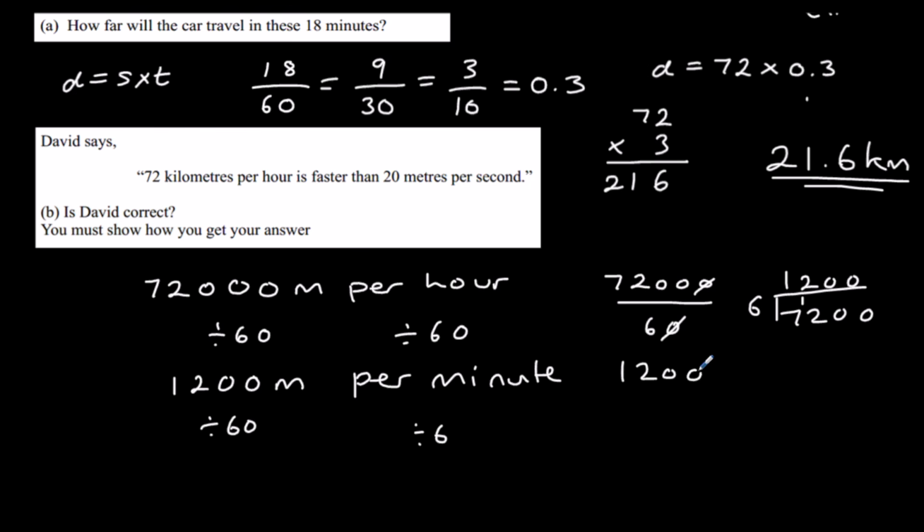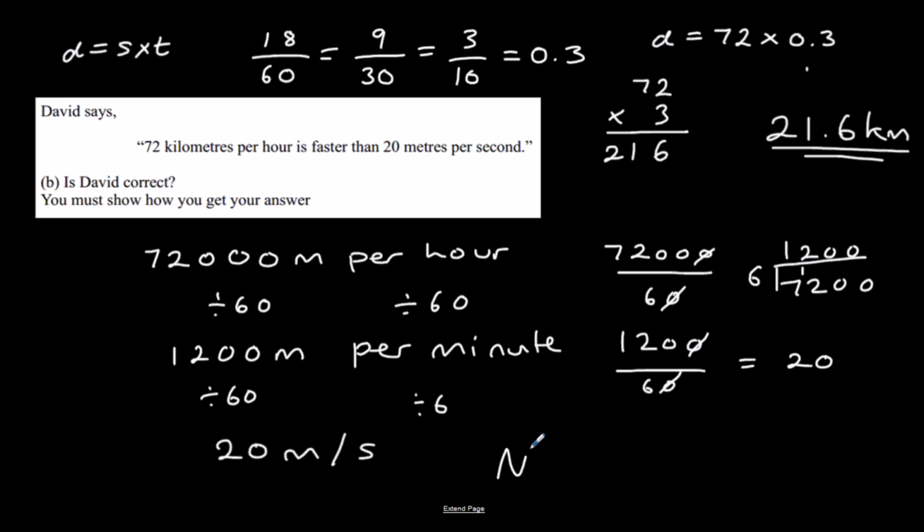So 1,200 divided by 60 is 120 over 6. 12 over 6 is 2. So 120 over 6 is 20. So that's 20 meters per second. So it's the same. 72 kilometers per hour is equal to 20 meters per second. So is David correct? No, because they are equal.